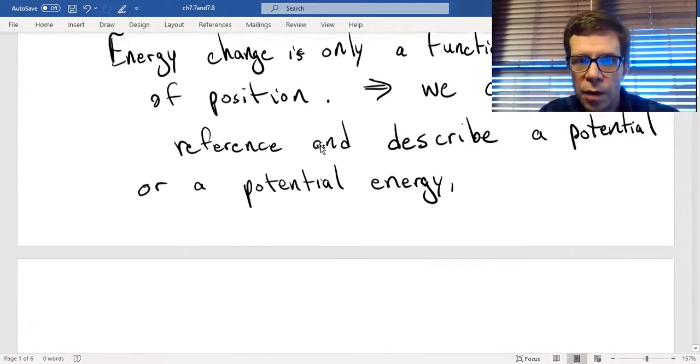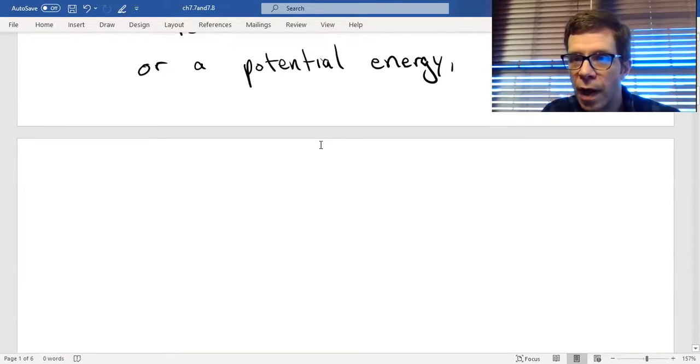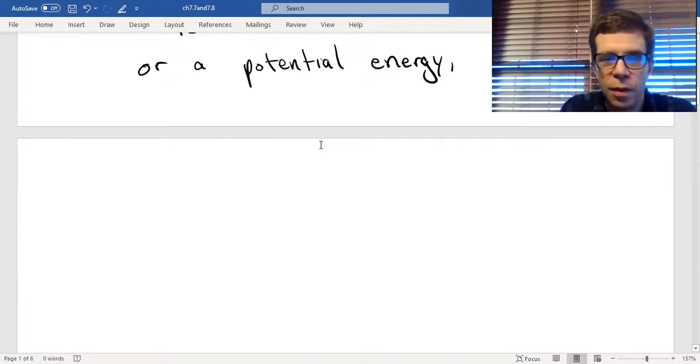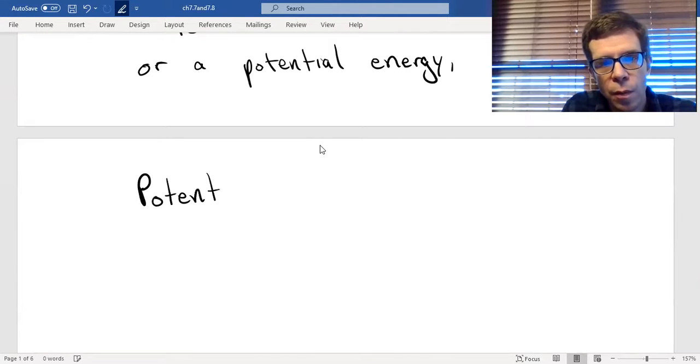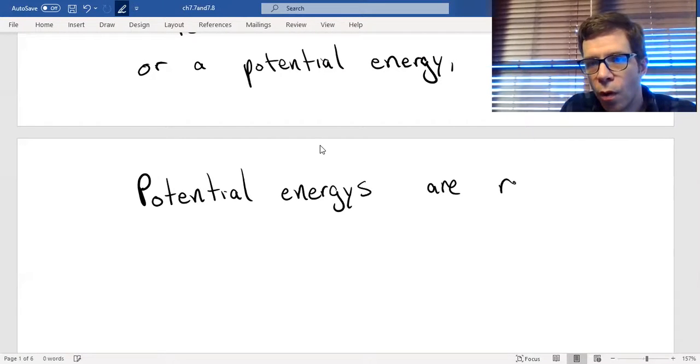So it turns out that in order to have a potential, it needs to be a conservative force. So that's our connection that we wanted to talk about, is potential energies are related to the work done by conservative forces.